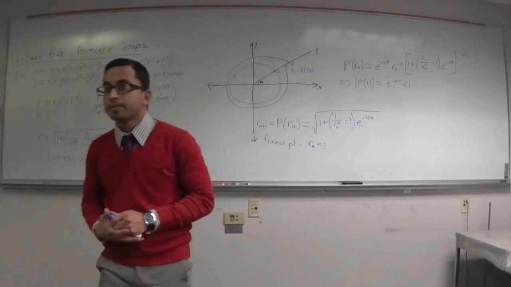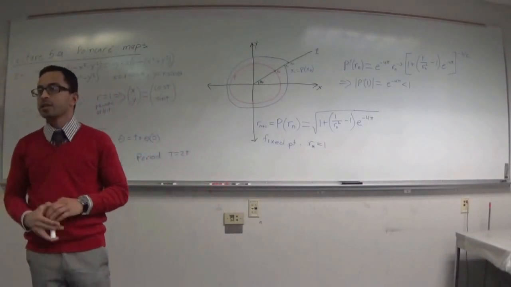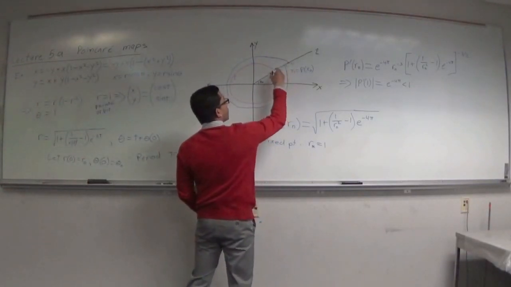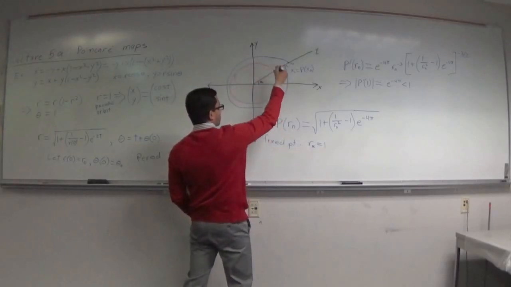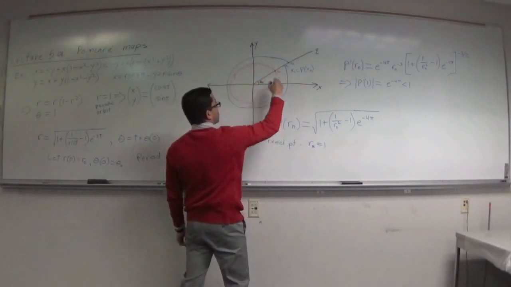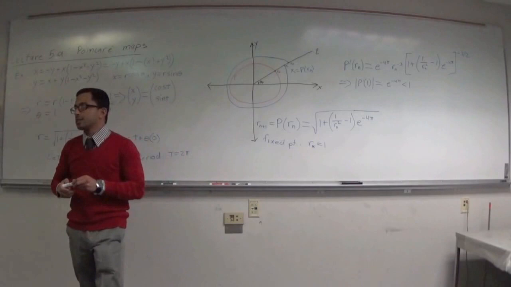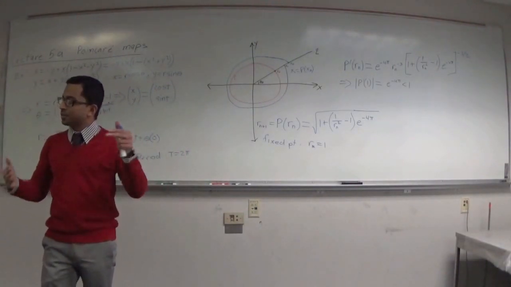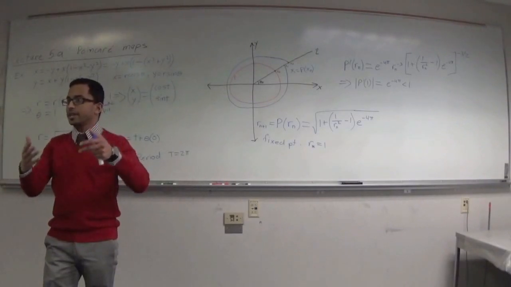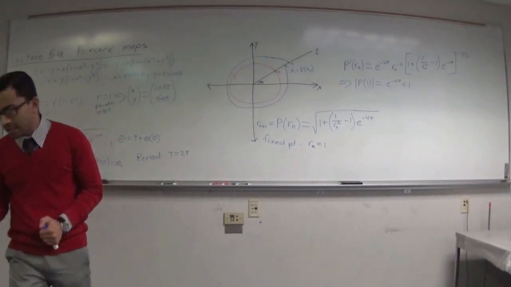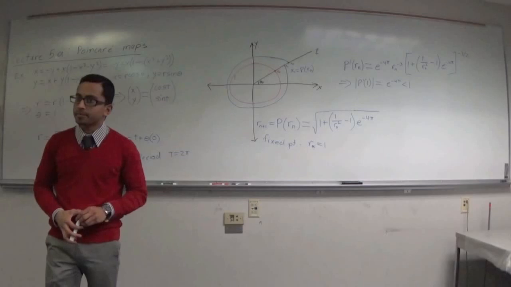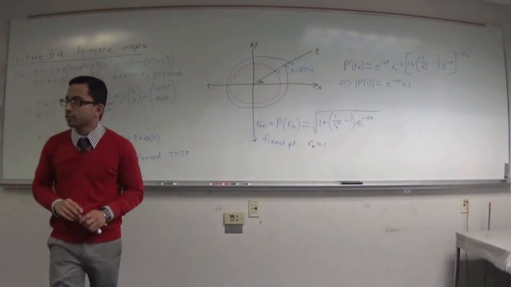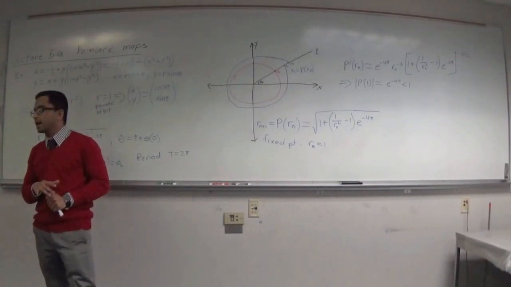Basically for r in this region, r equals 1, so the periodic orbit, and then r less than 1, and r greater than 1. It would be nice to see it in the same plot. So if you do it on the same plot, then you can see how things are kind of working together. But it doesn't have to be on the same plot if you can't do that. So yeah, do that. So that's all I wanted to say about Poincare maps.